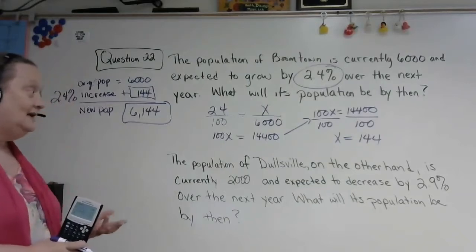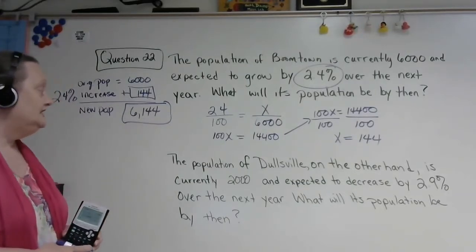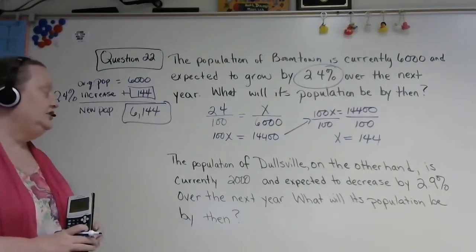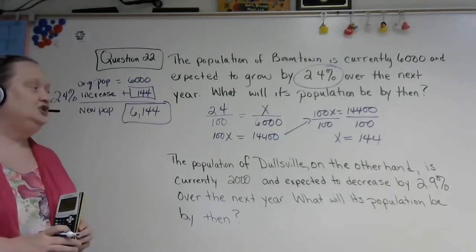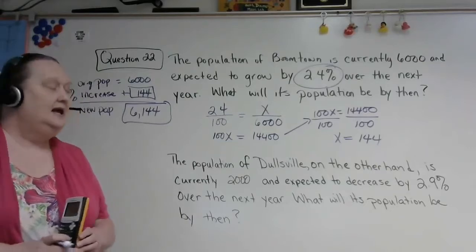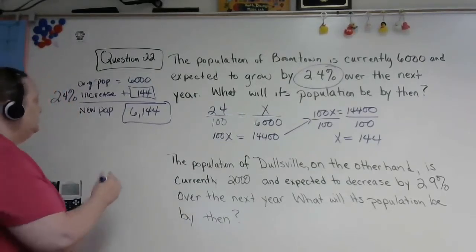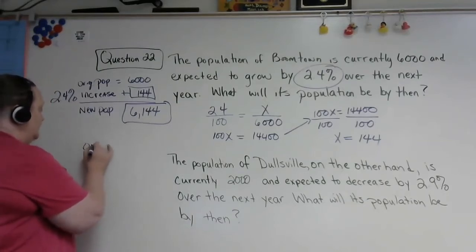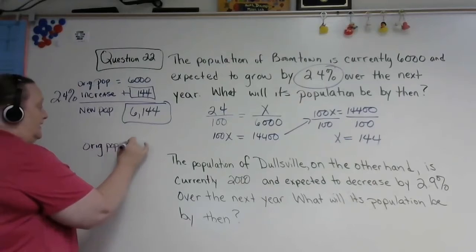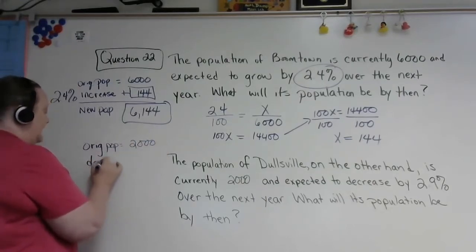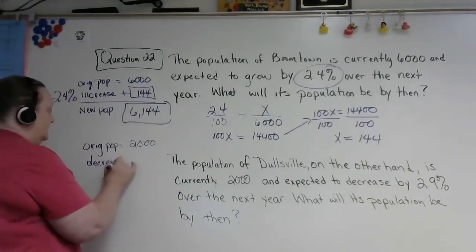Okay, let's look at the second part of this question. The population of Dullsville, on the other hand, is currently 2,000 and expected to decrease by 2.9%. So this one has an original population of 2,000, and this time we're going to have a decrease in population.